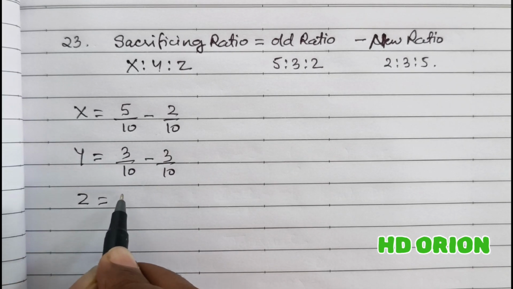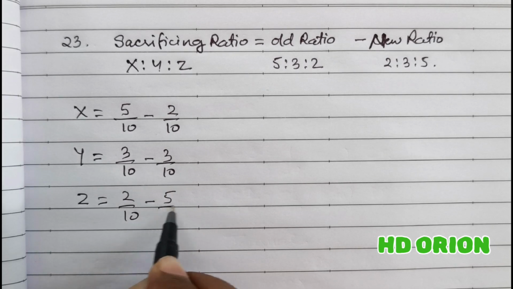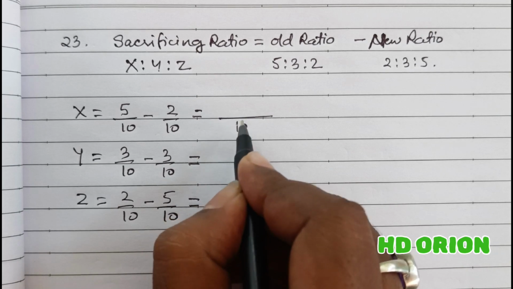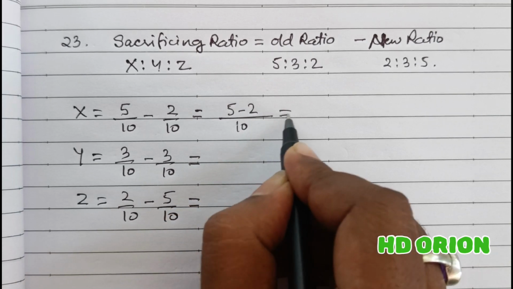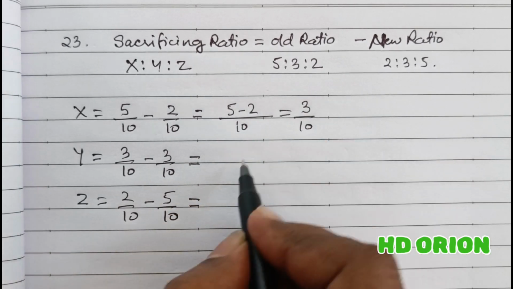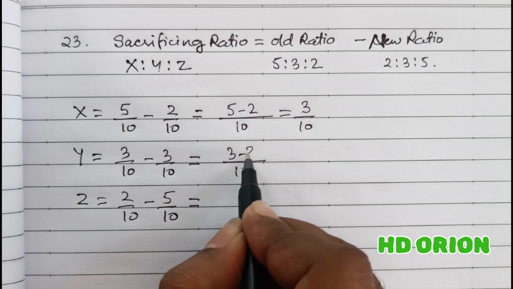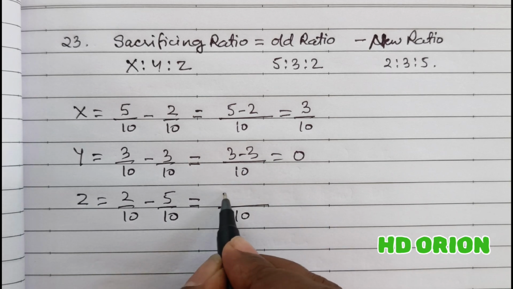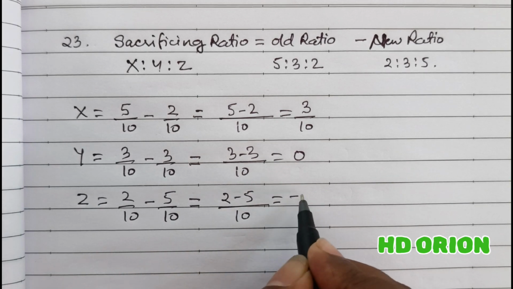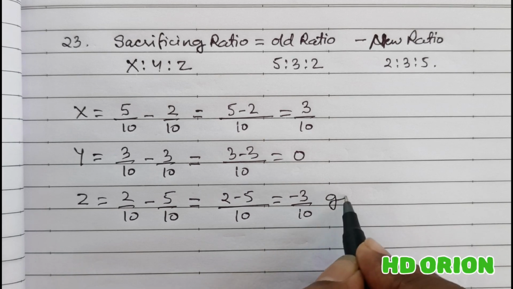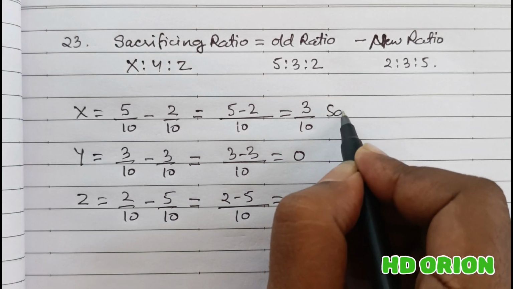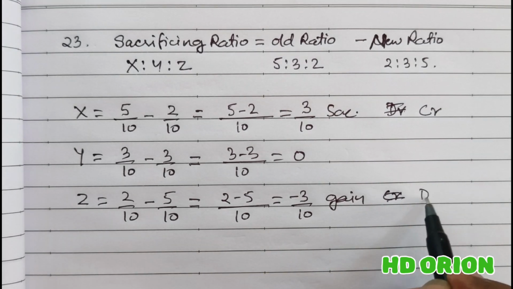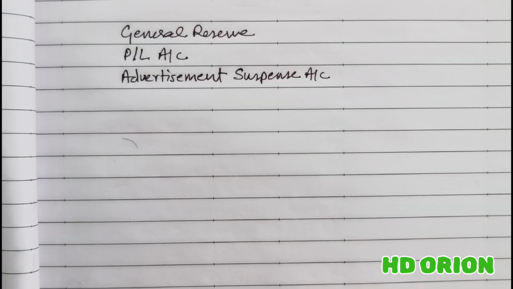And for Z, it is 2/10 minus 5/10. So here LCM is 10, 5 minus 2, which is equal to 3/10. Here LCM is 10, 3 minus 3, that is equal to 0. Here also LCM is 10, and it is 2 minus 5, which is equal to minus 3/10. So here it is a gain, here it is sacrifice. So sacrificer's capital account is to be credited and gainer's capital account is to be debited.